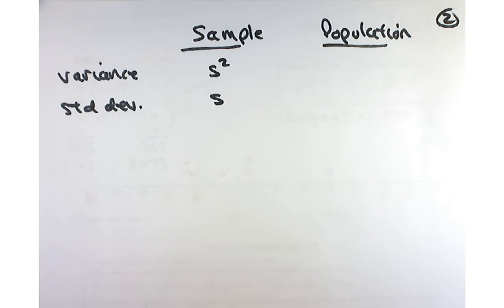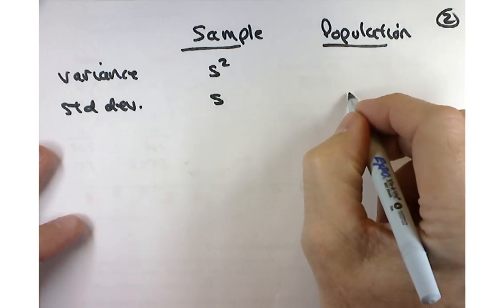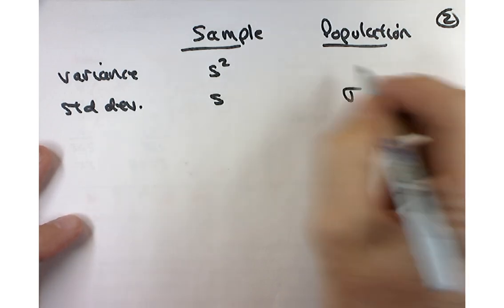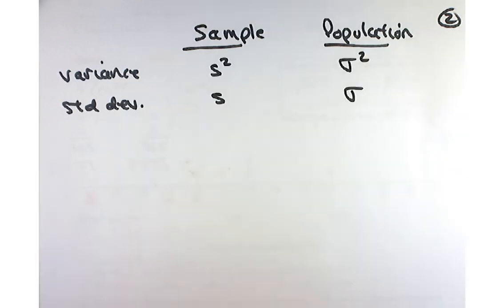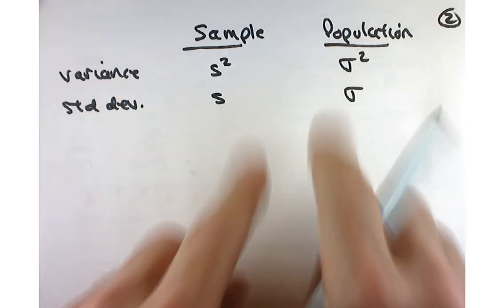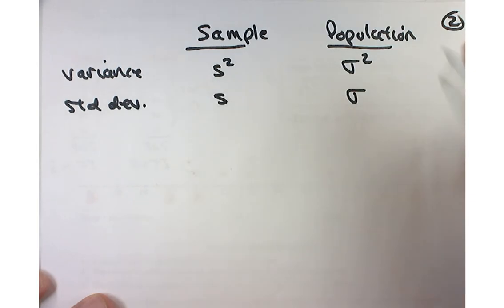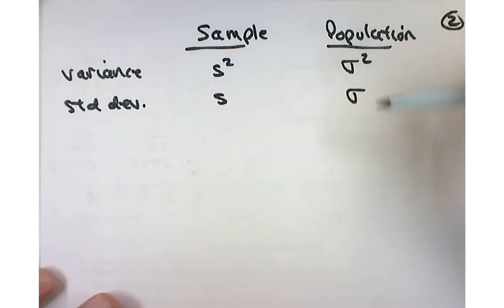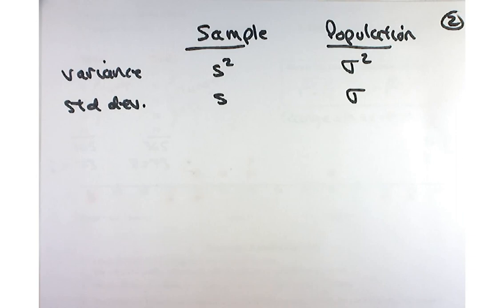You have to talk to everybody or collect data from everything in your population. Population standard deviation is going to be denoted with a sigma. Population variance is going to be denoted with sigma squared. It's not a huge deal right now, although the formula for one is a little bit different than the formula for the other. But later on, you are going to have to know the difference between these notations and when it's appropriate to use which one.